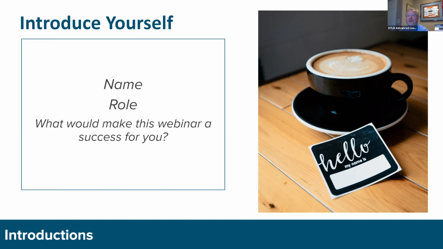So we're to the point where it'd be nice if you and Vivian would tell me who you are and what you do. I know she teaches second grade, but I don't know where. And then what we could do today to make this really successful. And you can do that in the chat, or if you want to unmute, you could do it with your microphone. And a sip of coffee while you guys are thinking.